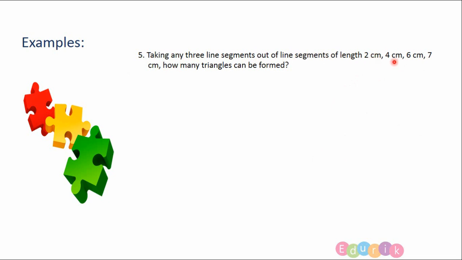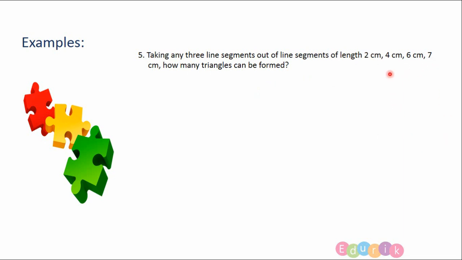Now if we are given 4 things, we can pick 3 things out of them in 4 ways. Let's try to pick them. One way is to pick 2 cm, 4 cm, 6 cm. Another way can be 2 cm, 4 cm and 7 cm. A third way can be 2 cm, 6 cm and 7 cm.